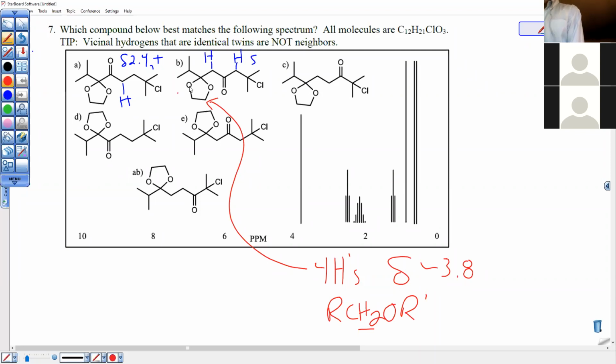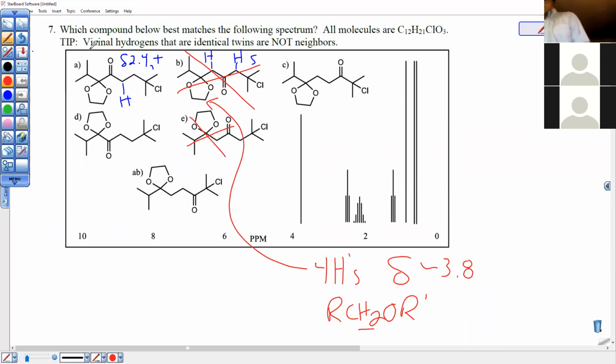We got rid of a molecule. And this has the 2.4 triplet. This would also be eliminated for the same reason as the one above it. So out of here. And this would be a 2.4 triplet here. So we're down to 4.